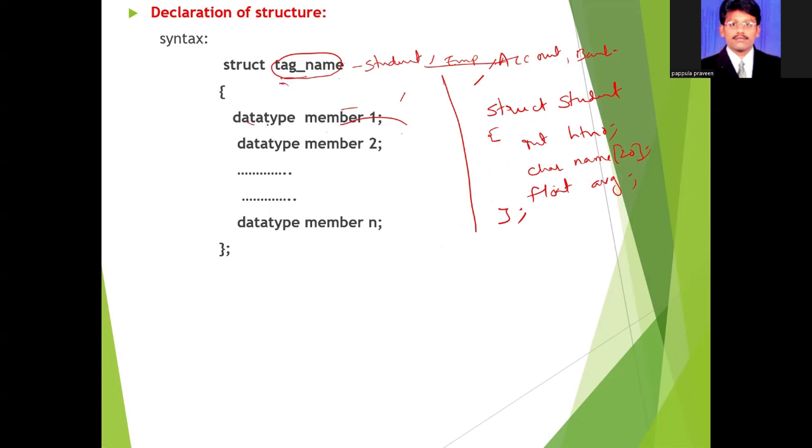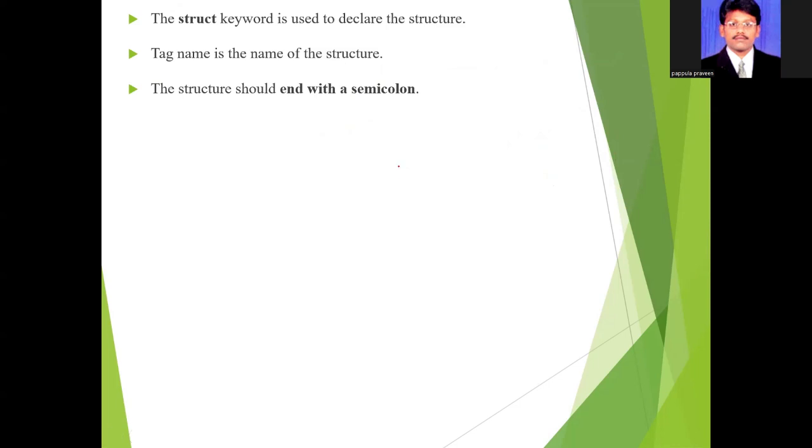So you specify the data type, then you specify the variable name, like int hall ticket. This is one type of syntax. Tag name is the structure name, and always the structure ends with a semicolon.